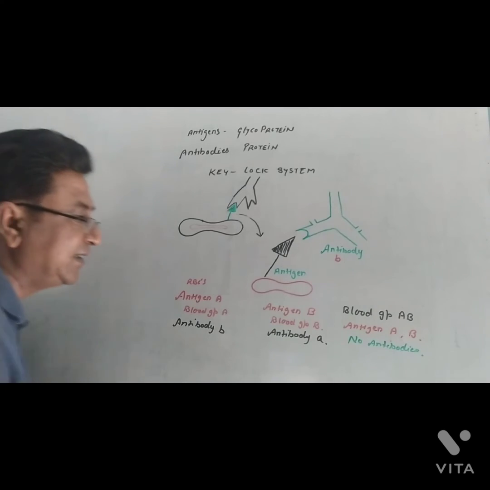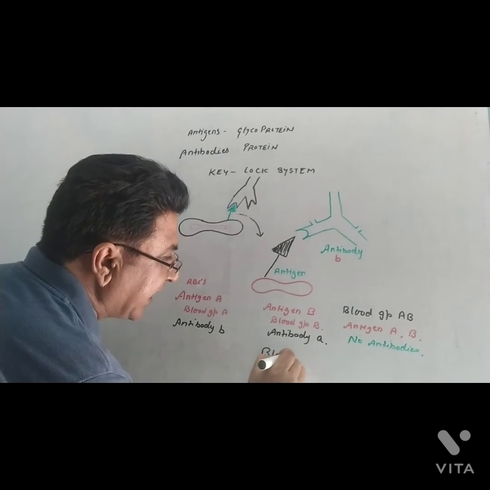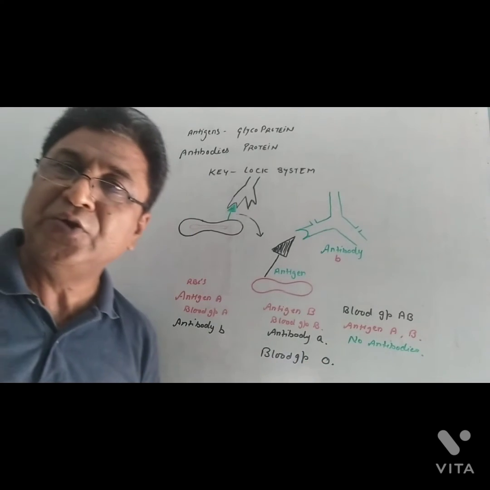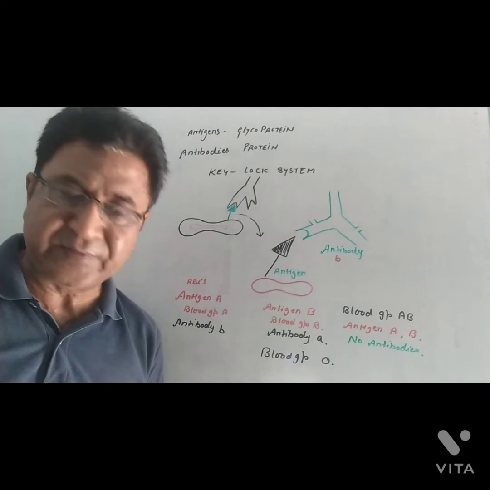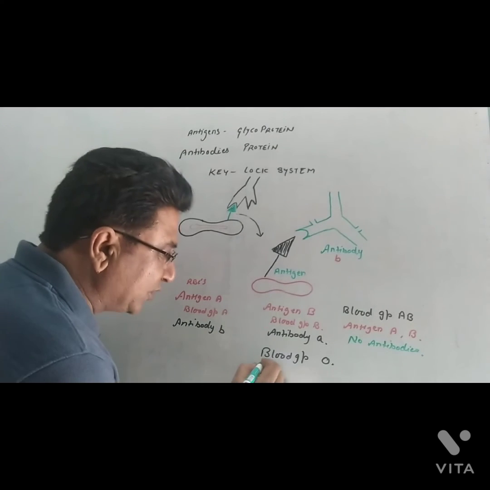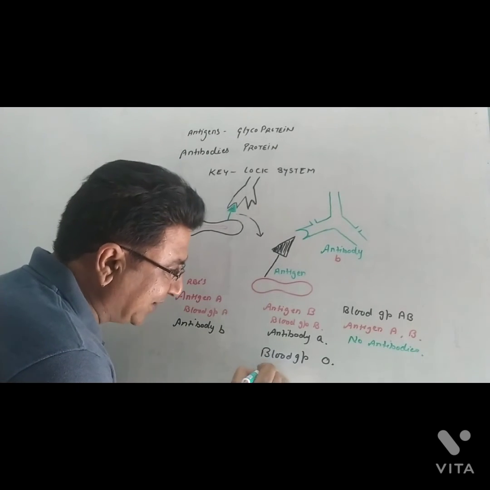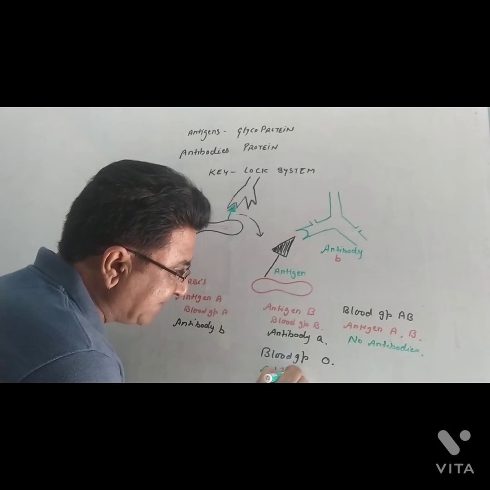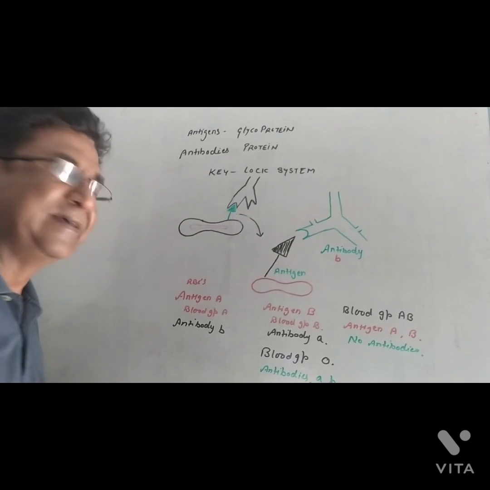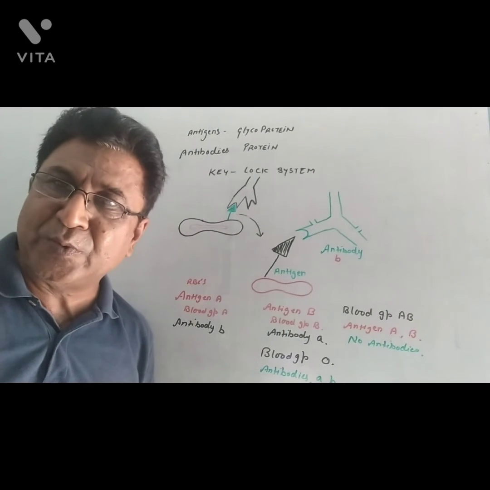On the other hand, blood group O has no antigens. Already in the last lecture we discussed, if no antigens are present, it has both the antibodies. It contains antibodies A as well as B. Correct?